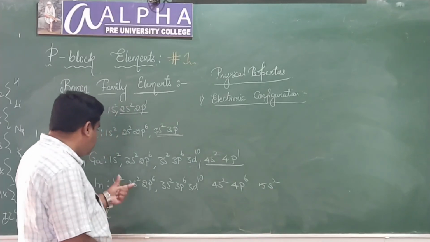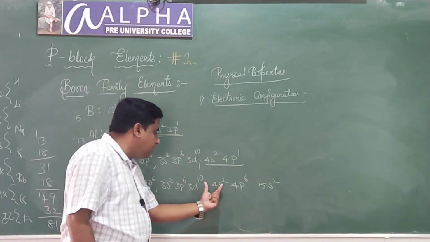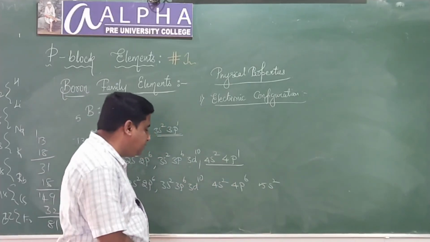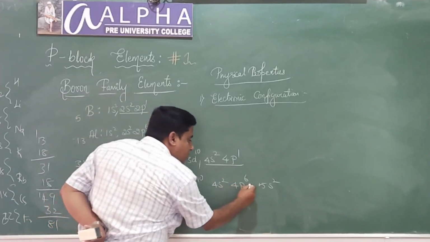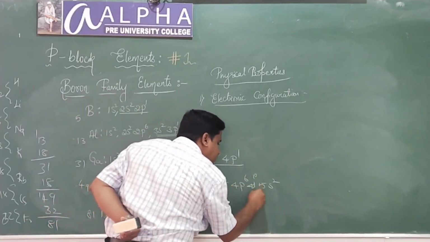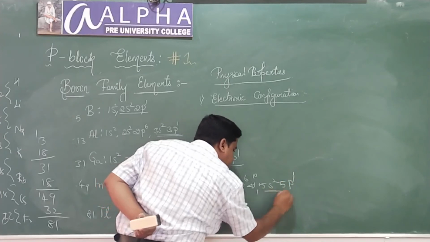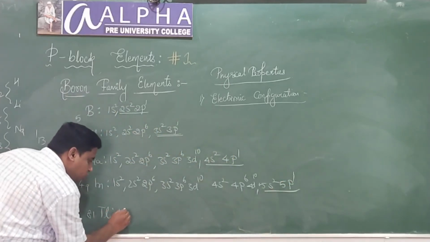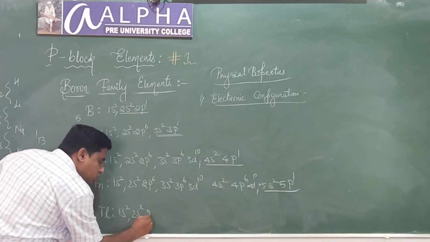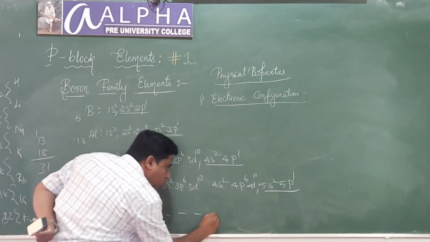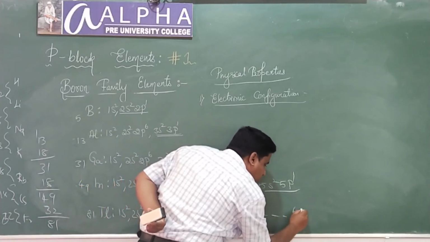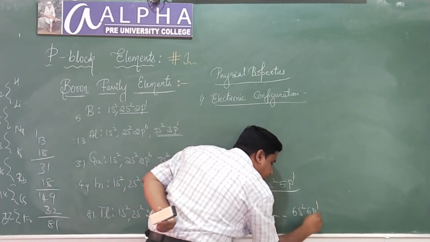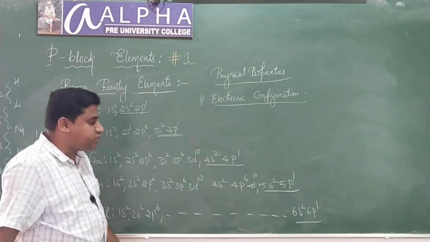How much is that? 10, 20, 30, 38. Then 4d10, 5p1. Look here, 5p1. Then thallium: 1s2, 2s2, 2p6, like that it goes, and then we get 6s2, 6p1.